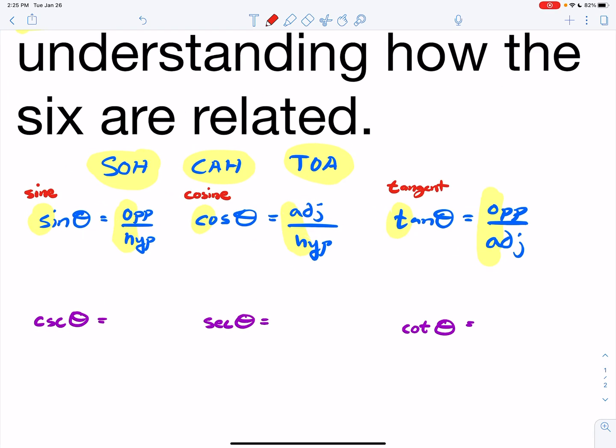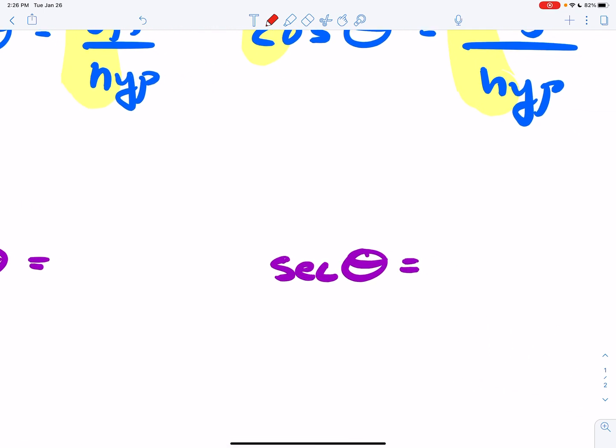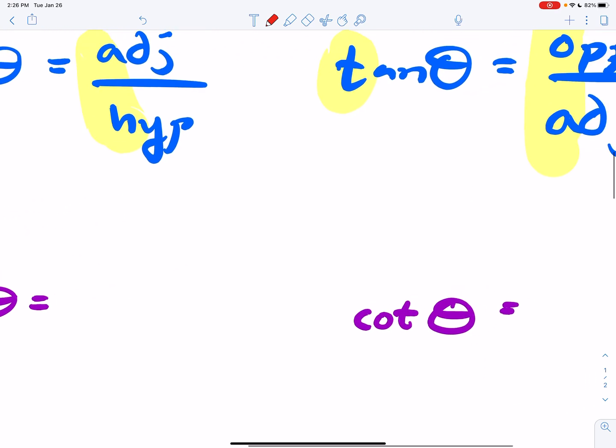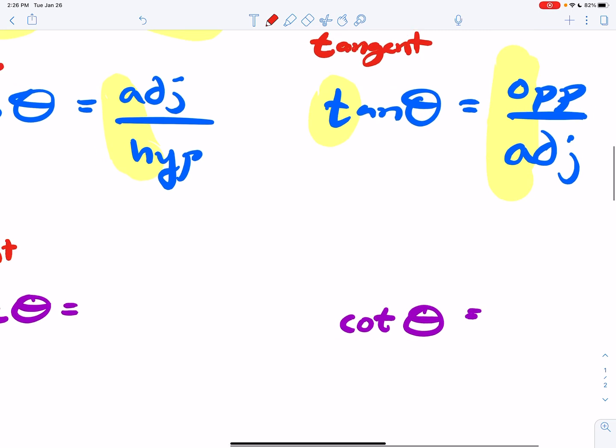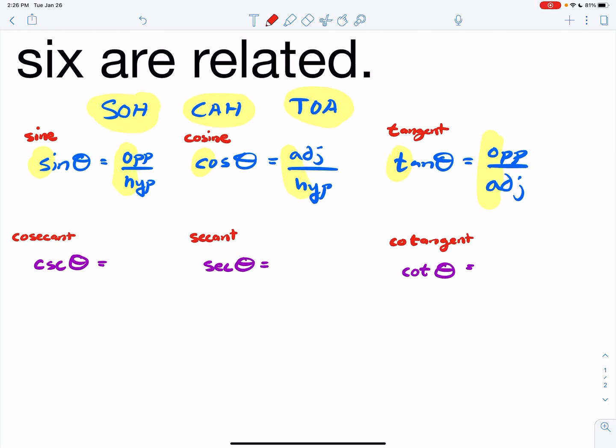CSC is cosecant. SEC should stand for secant. And what do you guys think COT stands for? COT stands for cotangent. So that's how you read it.